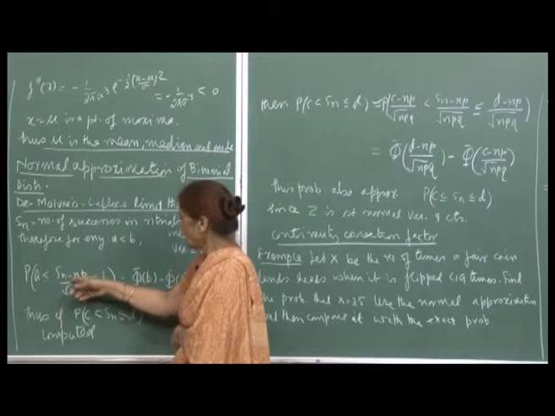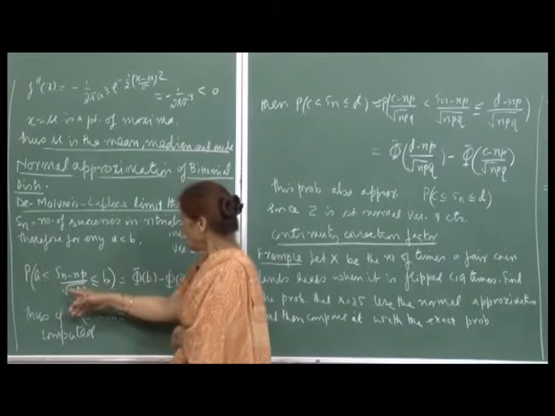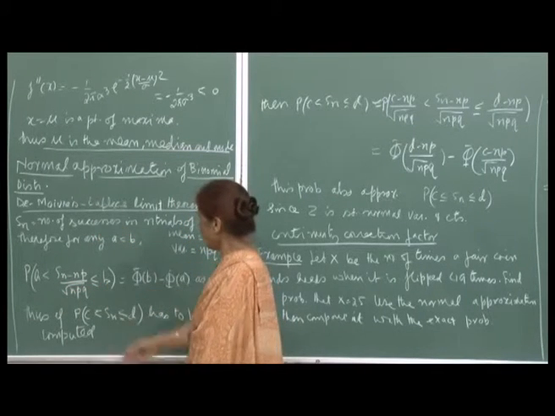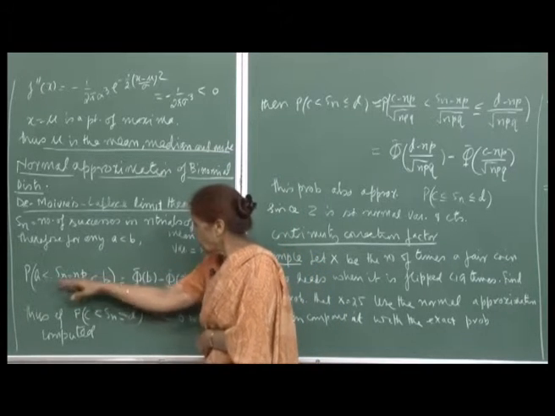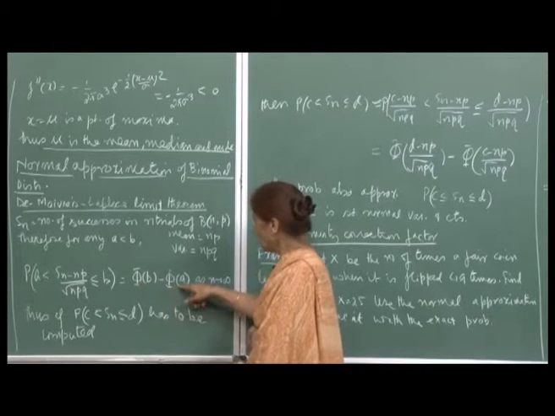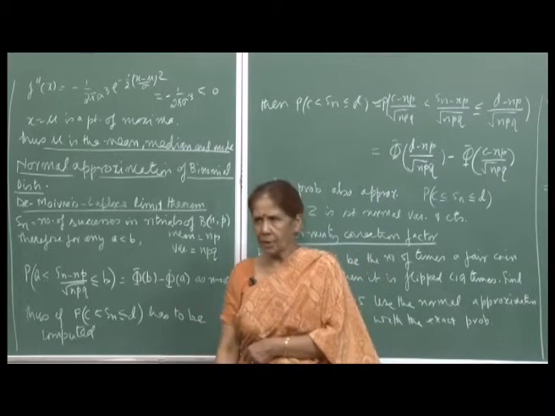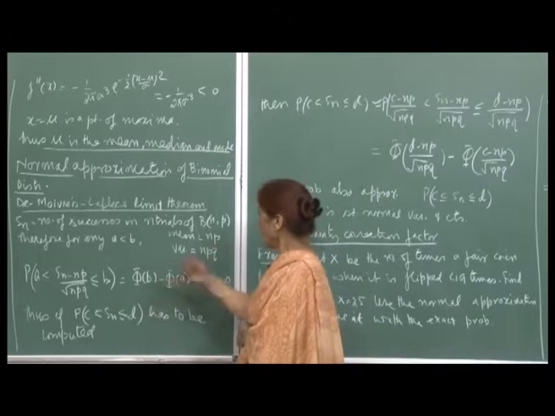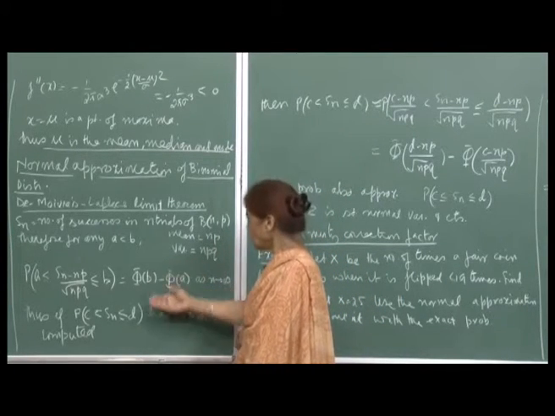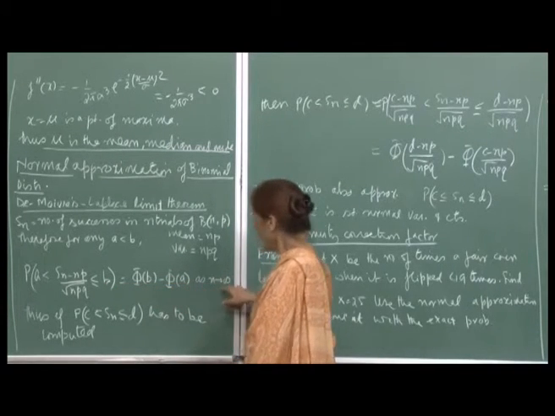So it will be S n minus n p upon under root n p q. Right. Then De Moivre's Laplace theorem says that this probability can be approximated by phi b minus phi a, where phi is the cumulative distribution function for the standard normal variate. So this will be phi b minus phi a as n goes to infinity.